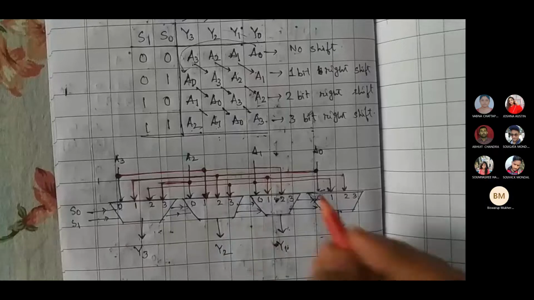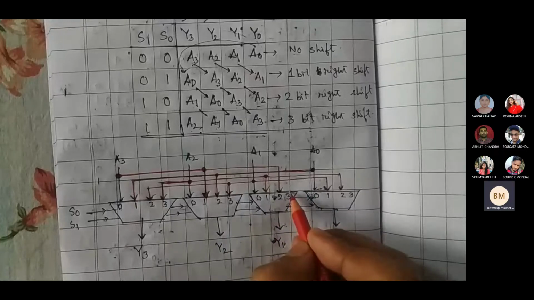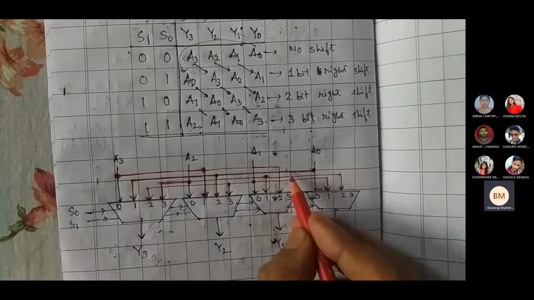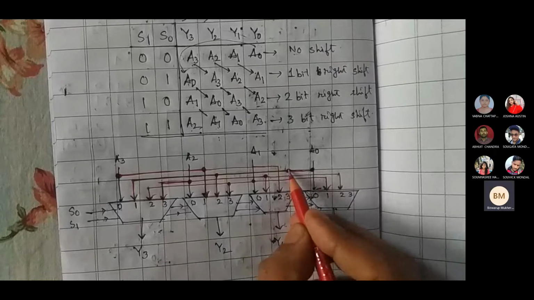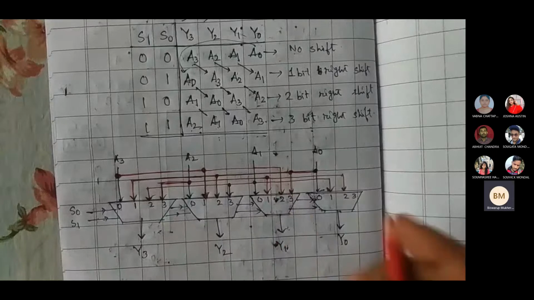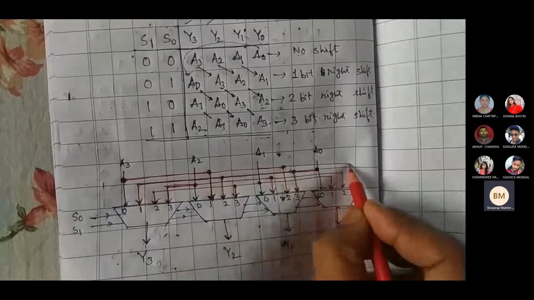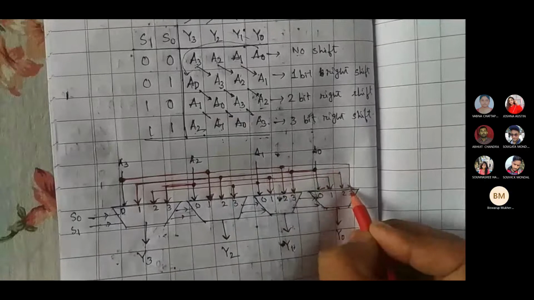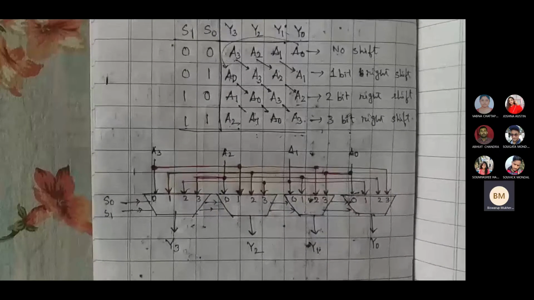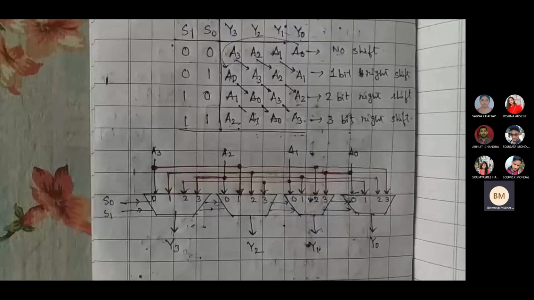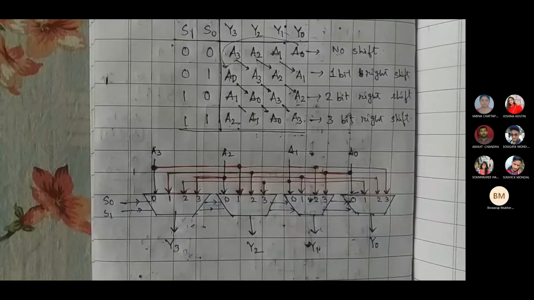A0, so this will be A0, A0 line কোনটা? এইটা A0, so this is A0. আর লাস্টেরটাতে চলে আসবে A3, so this is the A3 line which will come to the last one, as simple as that. এইটা করতে হবে.